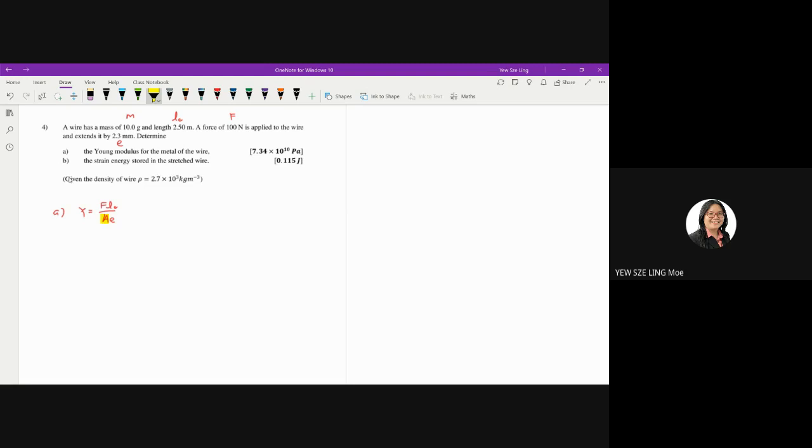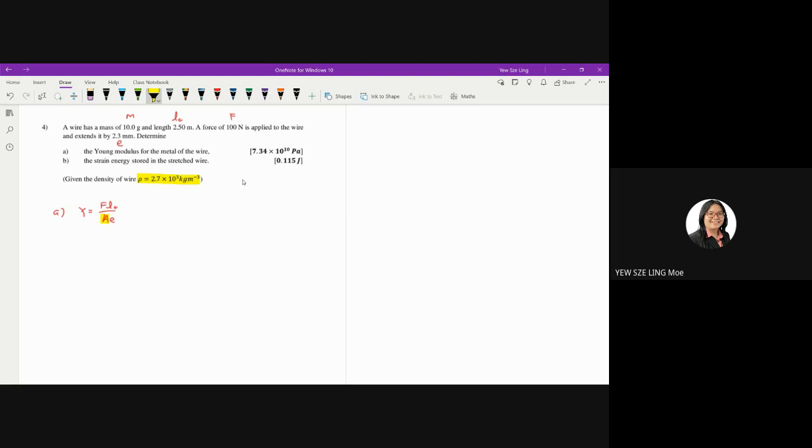Now, if you look at the question again, sometimes if you can't find the information from the main question, try to read the question until the end. Question B is the strain energy stored in the stretched wire. And in the last part of the question, you are given a value called density. Given the density of the wire, rho equals 2.7 times 10 to the power of 3 kg m negative 3.